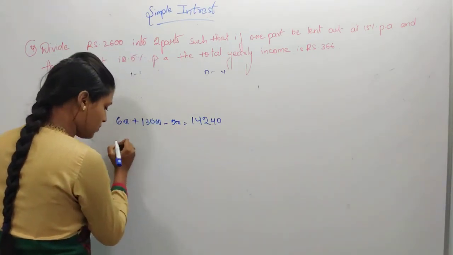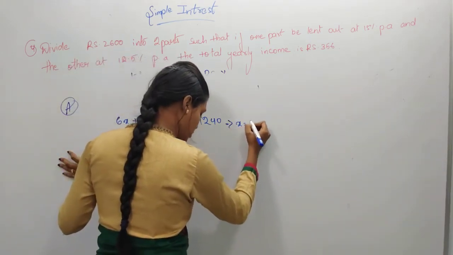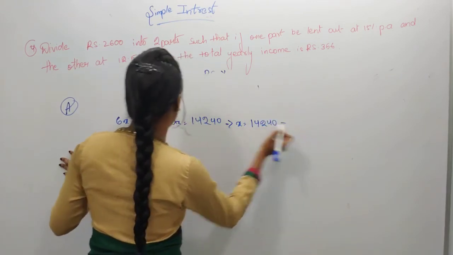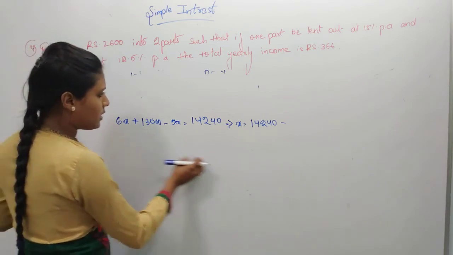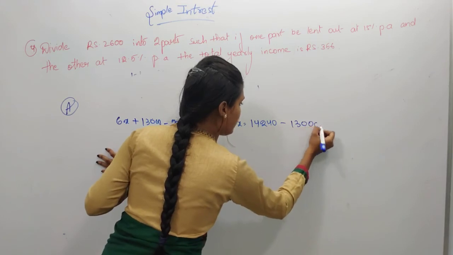Now x is equal to how much? You have to find out. Then 14,240 minus 13,000: when plus 13,000 rupees comes to this side, what will we do? Minus.